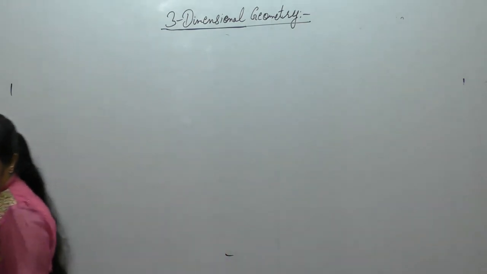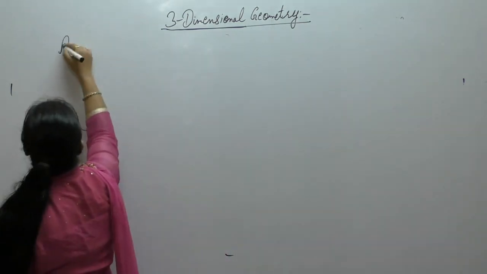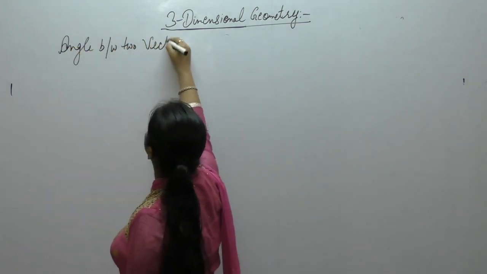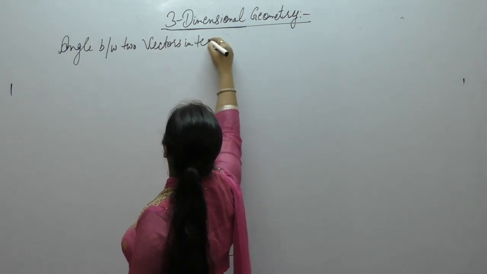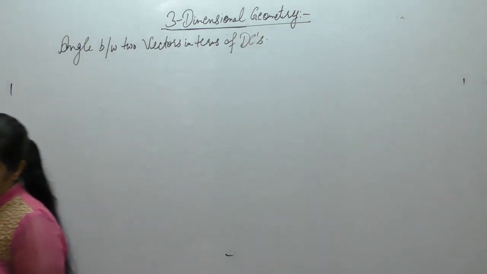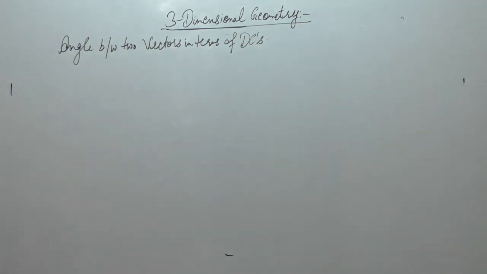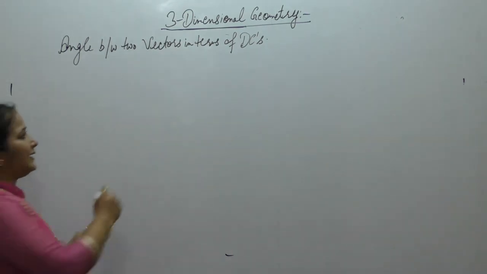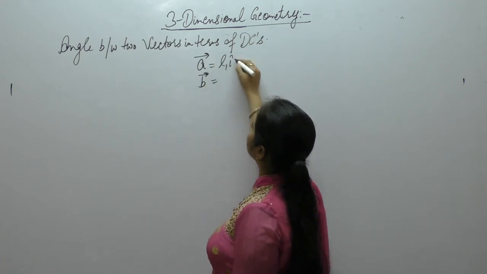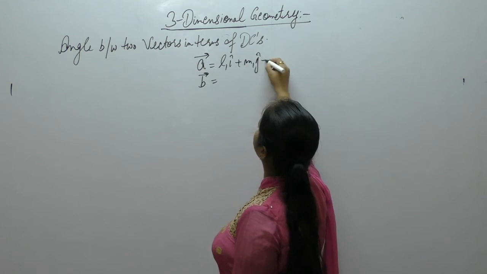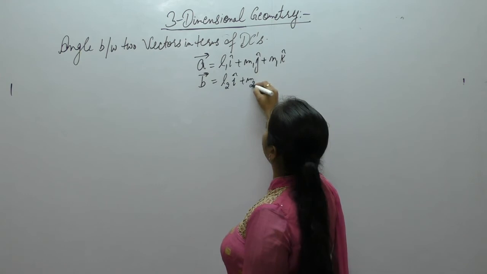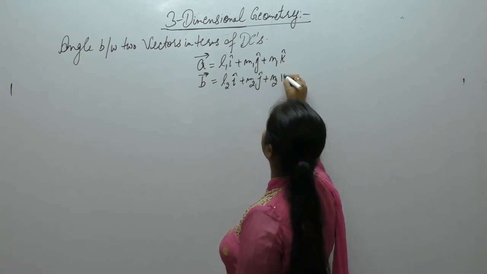Now the angle between two vectors in terms of their direction cosines. Let A vector and B vector be two vectors with direction cosines L1, M1, N1 and L2, M2 and N2.